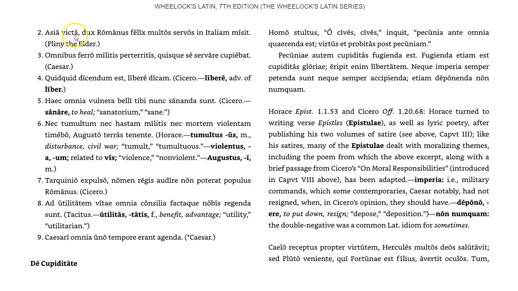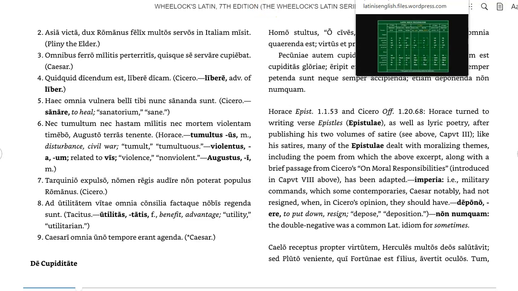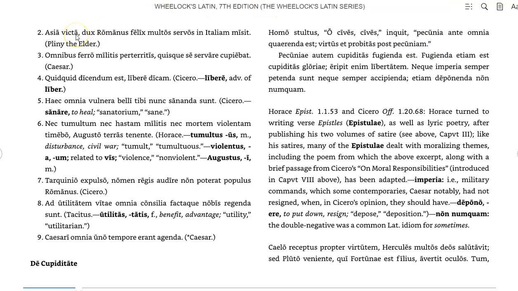Now, because the participle is in the first declension, as we said, we need to translate this using the past tense. So there's a couple of ways to do this. Literally, with Asia having been destroyed, or I guess conquered in this case. With Asia having been conquered, or after Asia had been conquered.